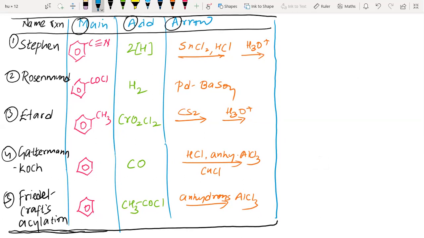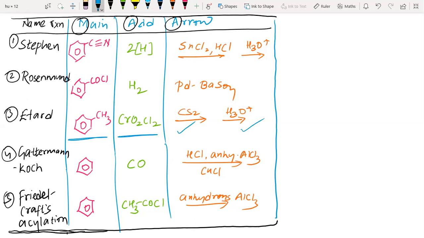In the Etard reaction, the starting material, the main material, is toluene, and what we add is chromyl chloride. And the arrow is given because it is a two-step process. In the first arrow we put the solvent, and in the second step we do acid hydrolysis.